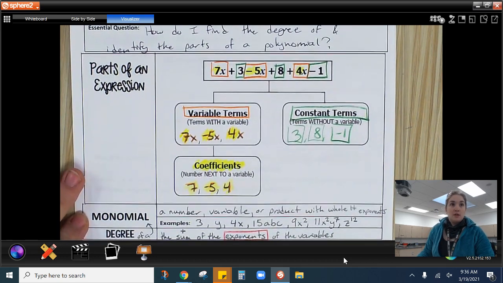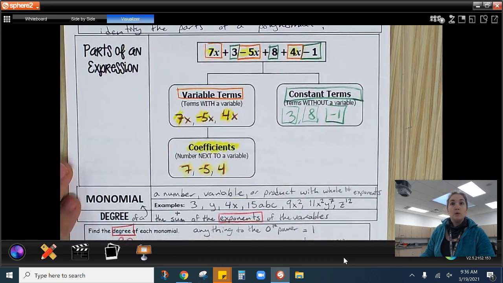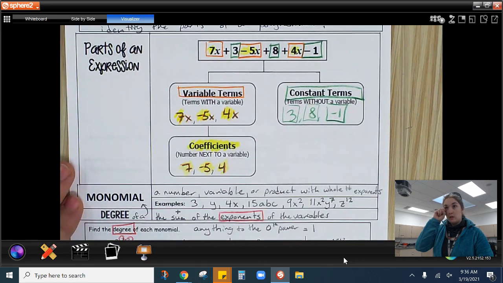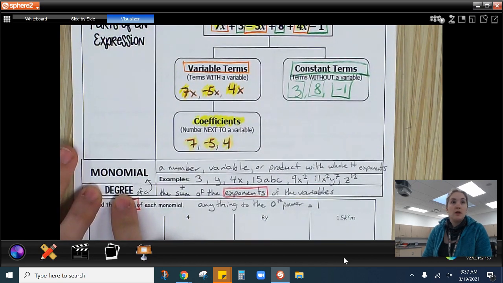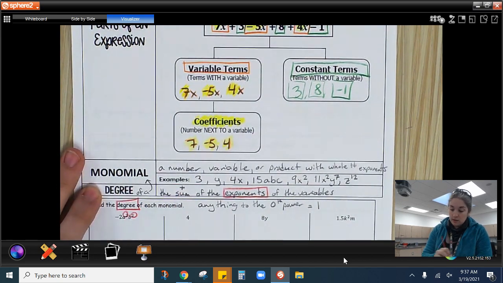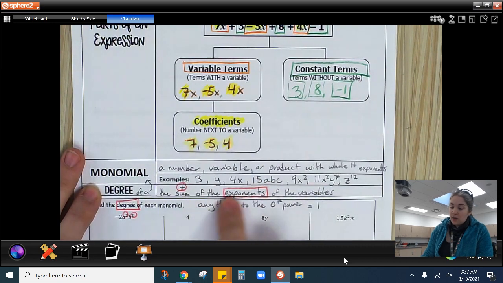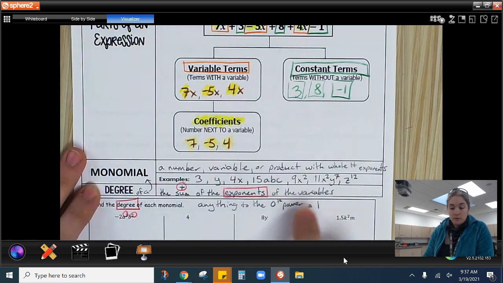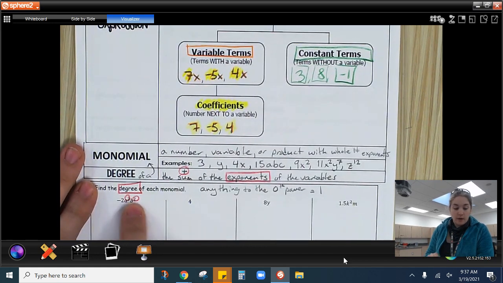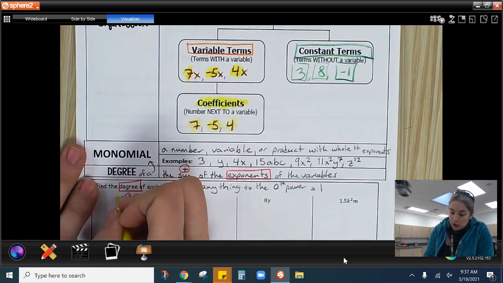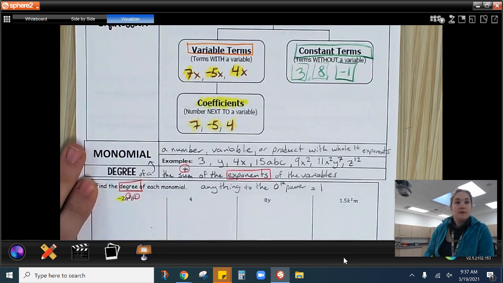So the next thing we need to do, because we're going to use this later on in order to order monomials, is to figure out degrees of a monomial. So the degree of a monomial is the sum of the exponents of the variables. If we take a look right here, we've got negative 2, a squared, b squared. We know that our coefficient is this negative 2.